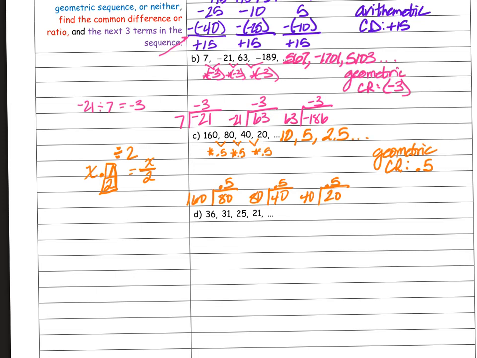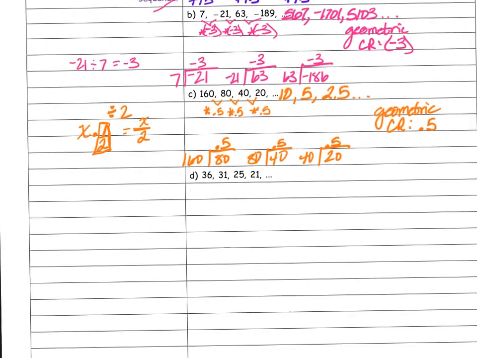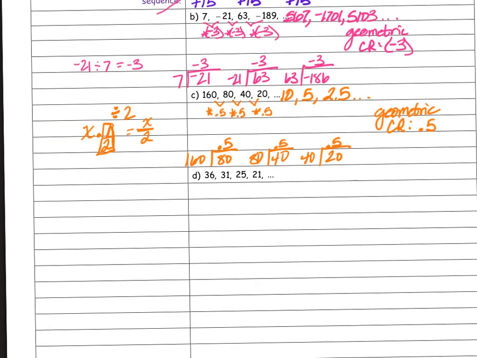Good job, you guys. One last one. We're on the last stretch. We're going to do the same thing. These ones look fairly close together, so let's see if we can figure out if it's arithmetic or not. So I'm going to take 31 and I'm going to minus 36.